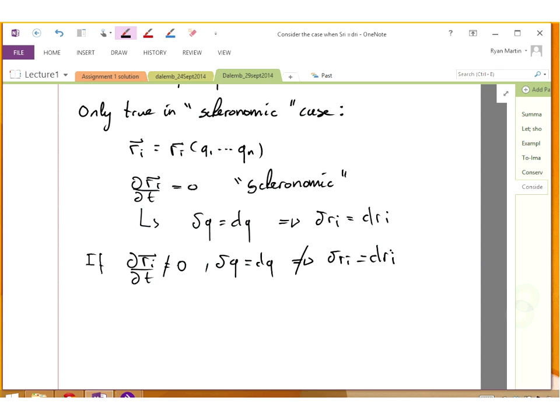The q's could be the Cartesian coordinates, which are generalized coordinates in most cases if there aren't any holonomic constraints. If the vector r depends only on x, y, and z, and not on time, so your coordinate system is the traditional fixed coordinate system, then any change in one of the coordinates is directly that same change in the vector r. But if the coordinates themselves depend on time, maybe it's a moving reference frame, then you can see that a change in the coordinates does not necessarily equal the same change in the position vector.